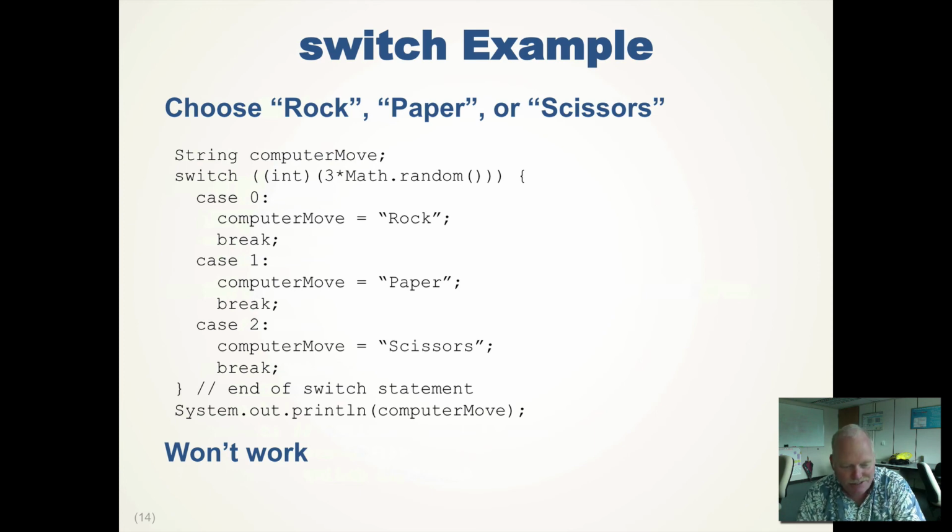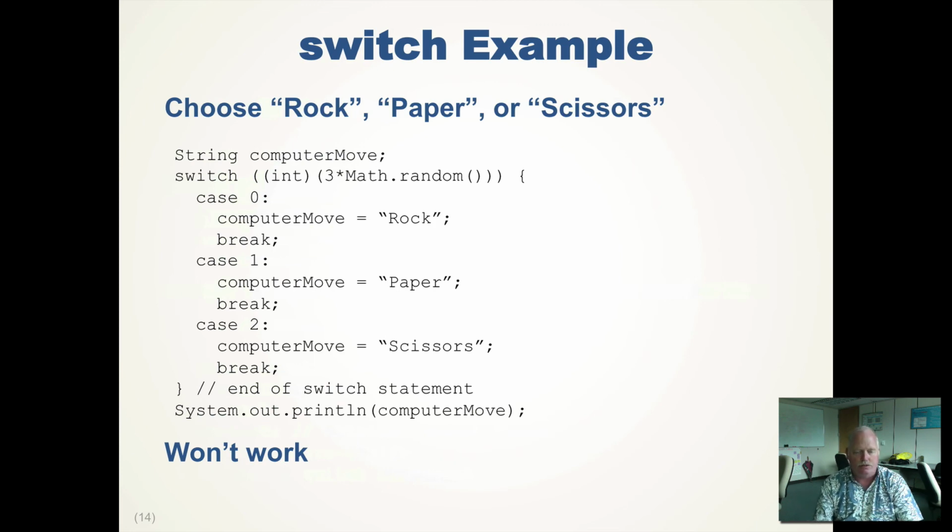Unfortunately, this code does not work, and the reason it doesn't work is because the Java compiler cannot know that every possible choice is there. It thinks that maybe the expression could evaluate to something other than 0, 1, or 2, and so it says the string computerMove has not been initialized because it can't guarantee that it will be assigned in the switch statement.